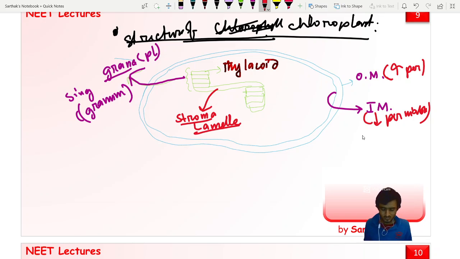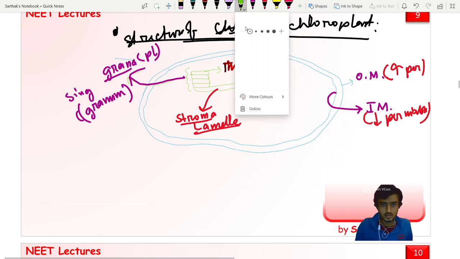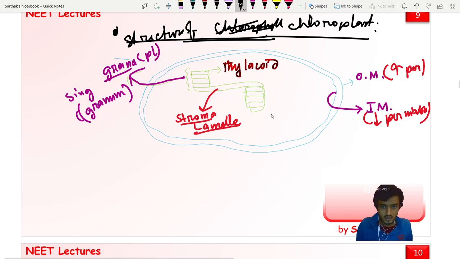And you may also know that in the chloroplast there are starch granules, which are stored as food.